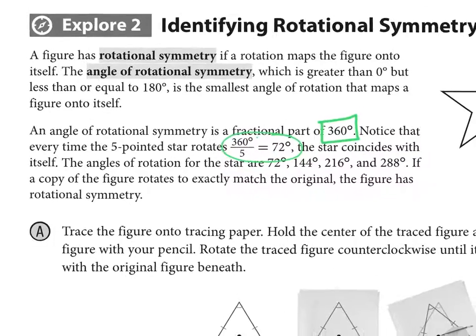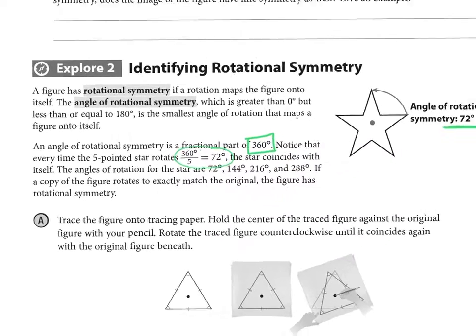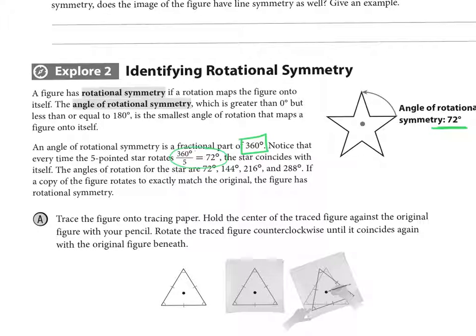They've also listed a few other angles of rotation: 72, 144, 216, and 288. All of these are multiples of 72. For instance, if you rotated this figure by 144 degrees, that would be like two 72-degree turns. That's how rotational symmetry works.